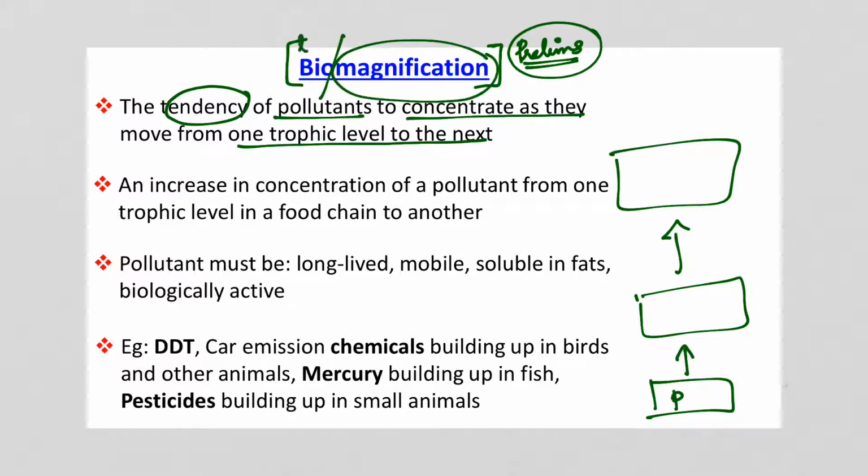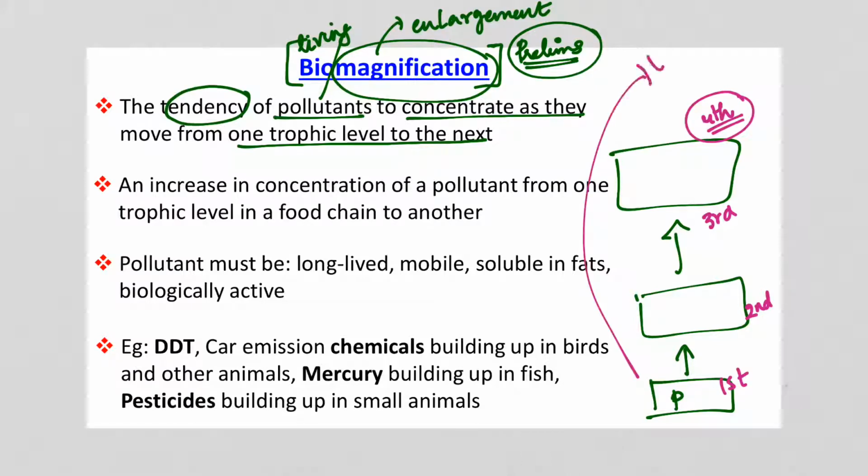Bio means living or life, and magnification means enlargement. The concept of biomagnification explains how, from the first level to the last level, through the second, third and fourth levels, the pollutants or the chemicals magnify.